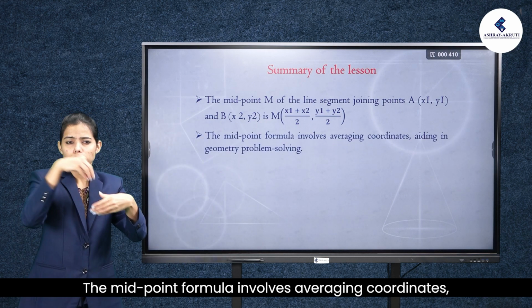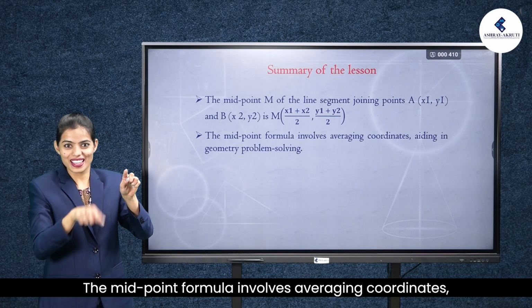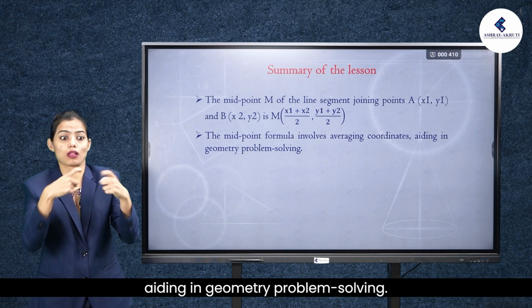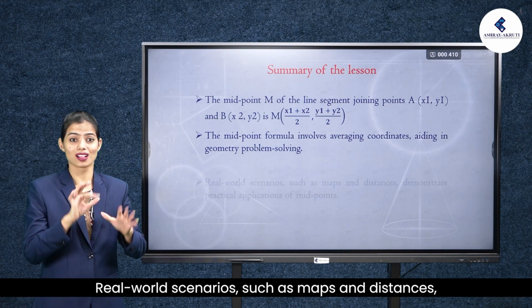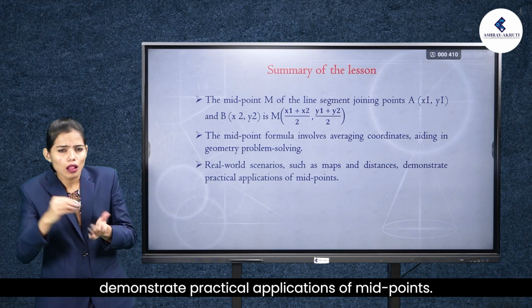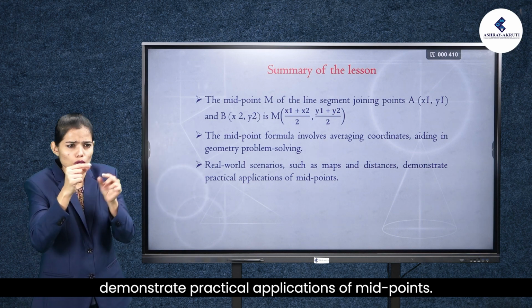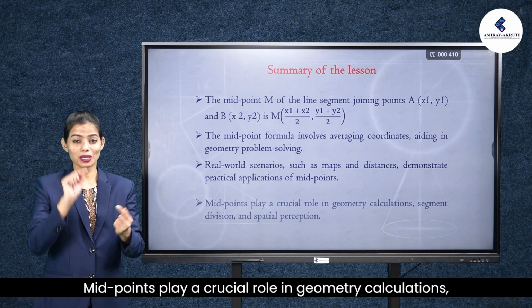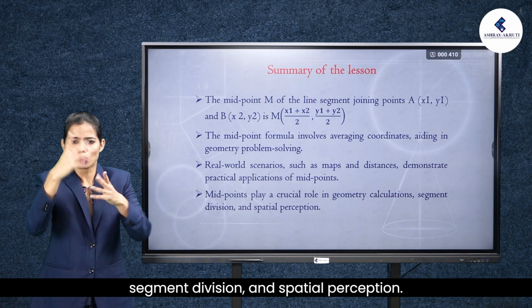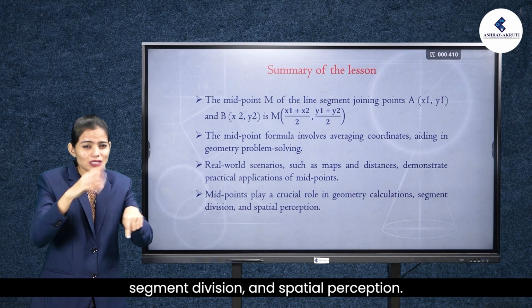The midpoint formula involves averaging coordinates, aiding in geometry problem solving. Real-world scenarios such as maps and distances demonstrate practical application of midpoints. Midpoints play a crucial role in geometry calculation, segment divisions and spatial perception.